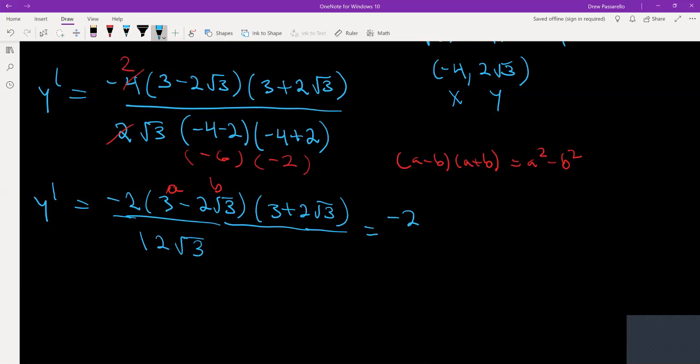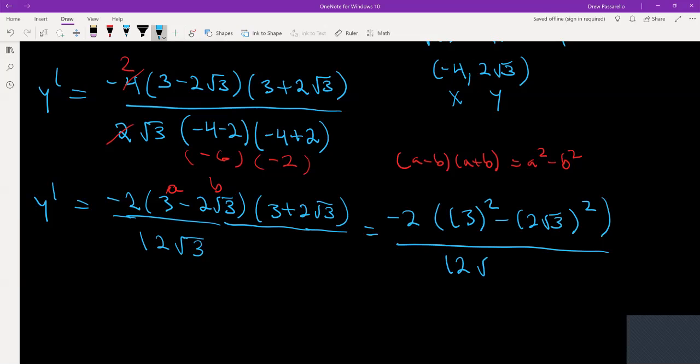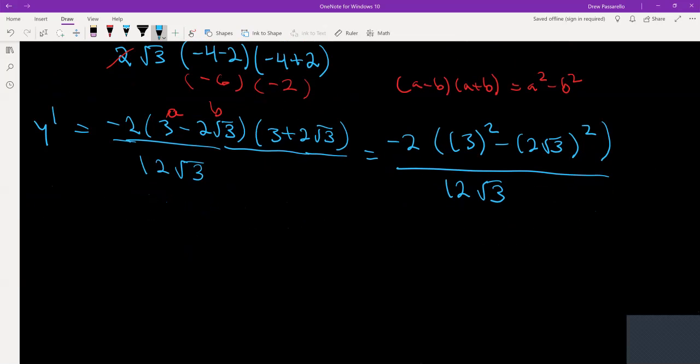negative 2, and then I'll put everything in parentheses, a squared minus b squared. So that's going to be 3 squared minus b squared, and b is 2 square root of 3. And then I still have 12 square root of 3 on the denominator. All right, so I'm still trying to simplify this as much as I can.